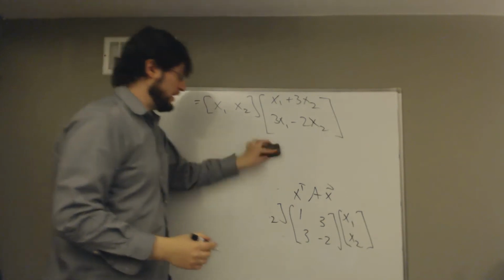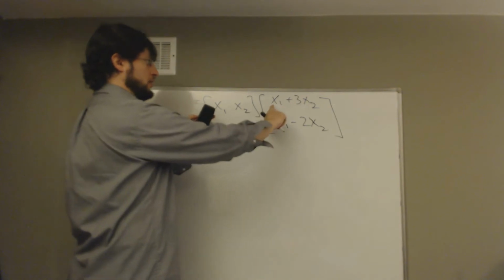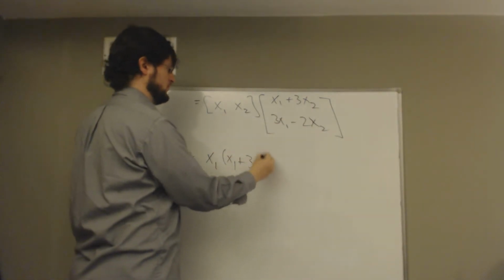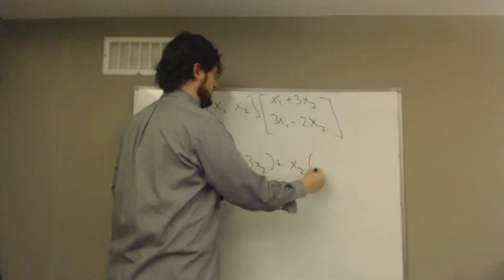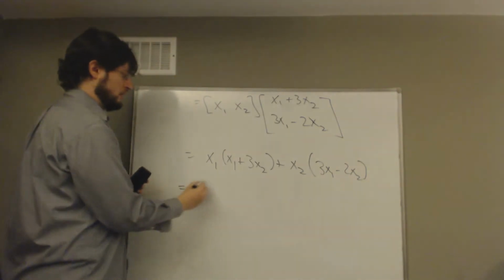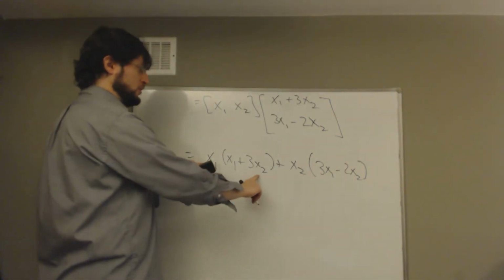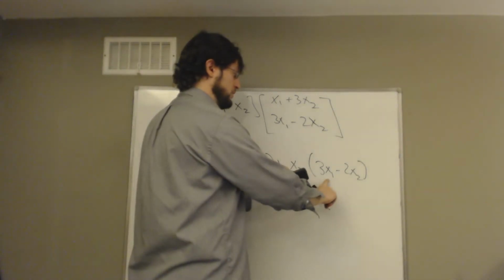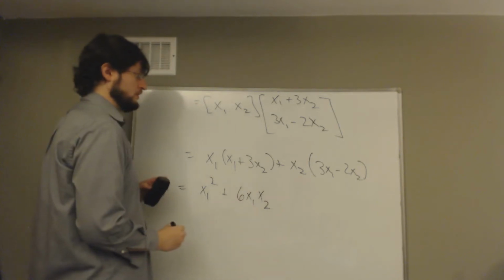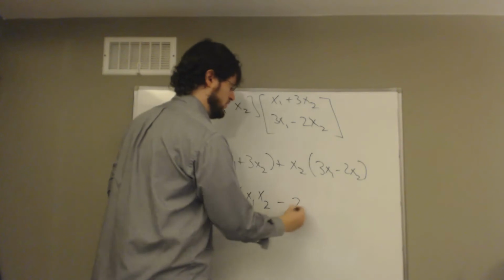And now when I multiply, we get x1 times the top plus x2 times the bottom, which is x1 squared plus, we have 3x1 x2, and we have another 3x1 x2, which makes 6x1 x2, and then we have minus 2x2 squared.